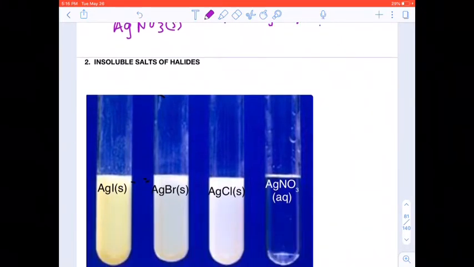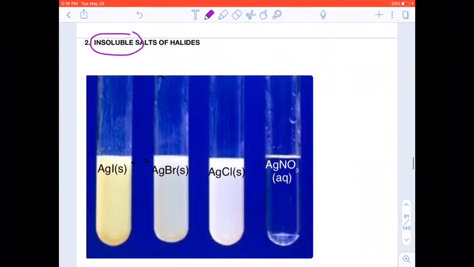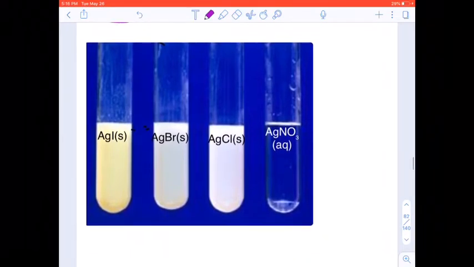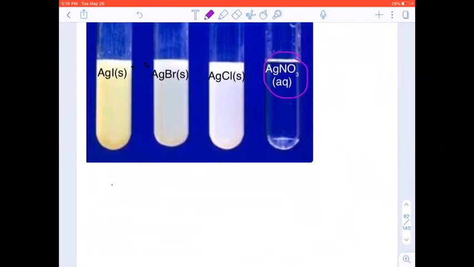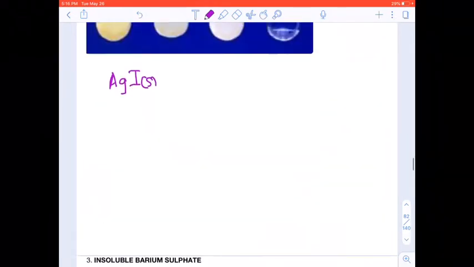Now, insoluble salts of halides. Here we have insoluble salts of halide. Here's silver nitrate. Why have I got it here? Because it's actually used to test if we have a halide in solution. But here we've got insoluble halides. So AgI is insoluble, right?